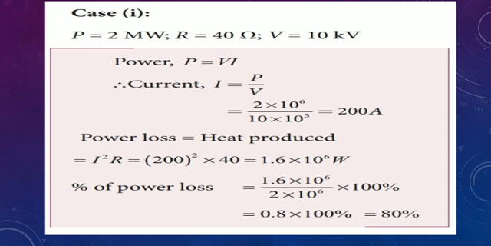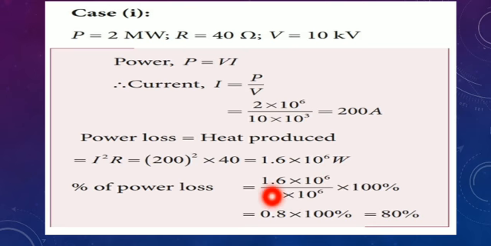Okay, right. And the percentage of power loss, how to calculate the percentage? It's very simple. Power loss divided by the given power into 100 percentage. So what is the power loss? 1.6 into 10 power 6. What is the given power?